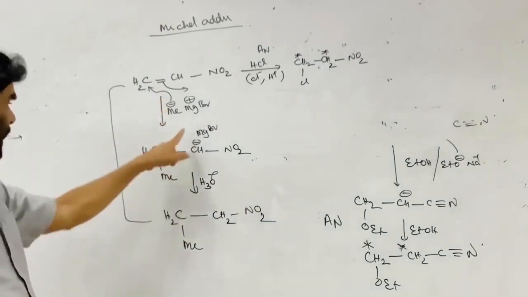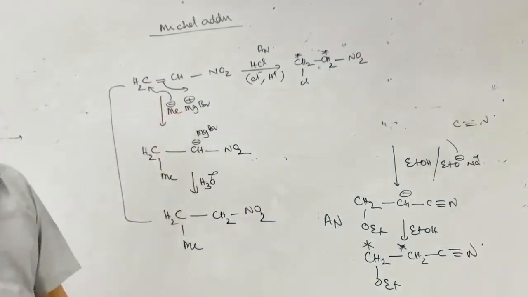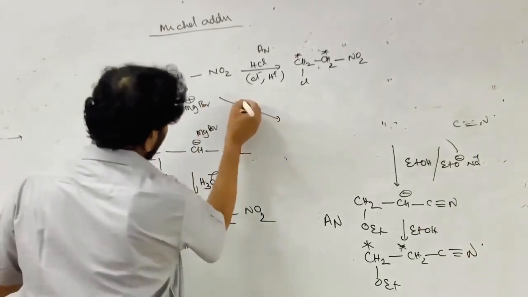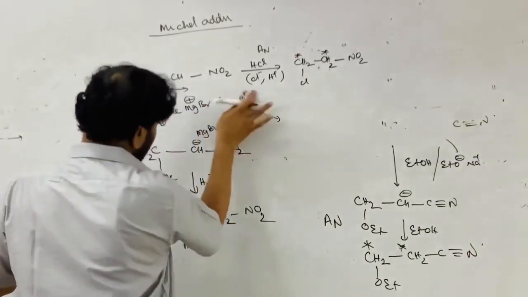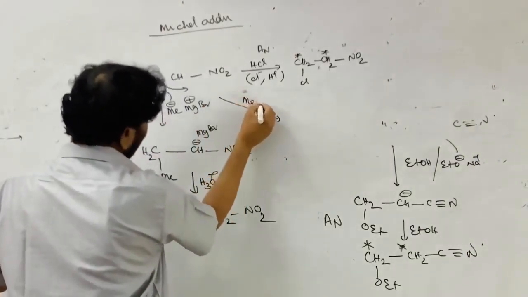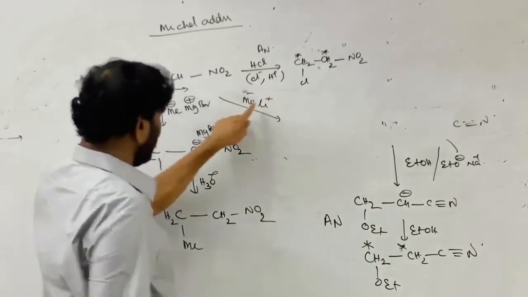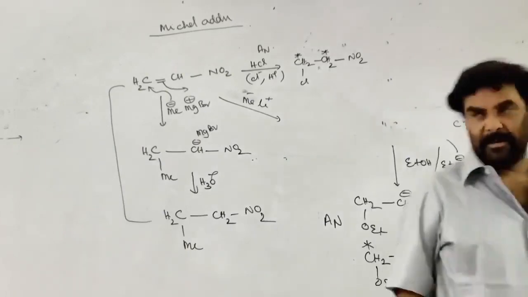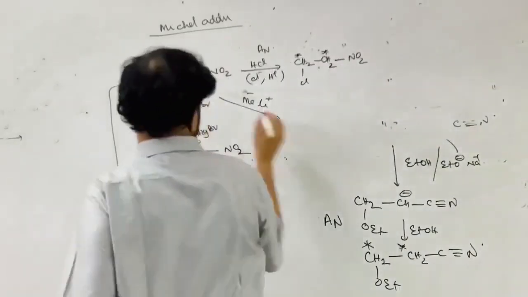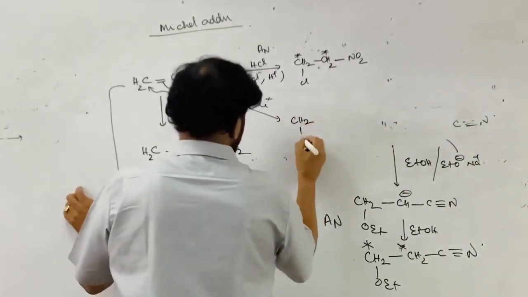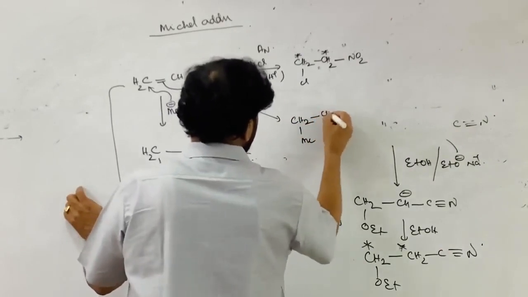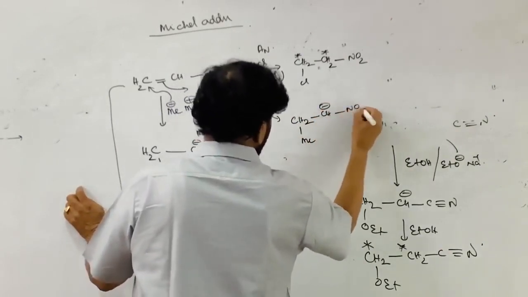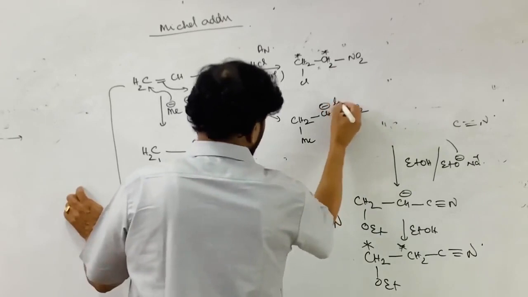This is called the Michael addition because the attacking nucleophile is a carbanion. If you treat with alkyl lithium, that is methyl lithium, or any organometallic compound, this is the nucleophile as well as the base. This attacks on this same CH2, giving MeCH with negative charge, NO2, Li plus.